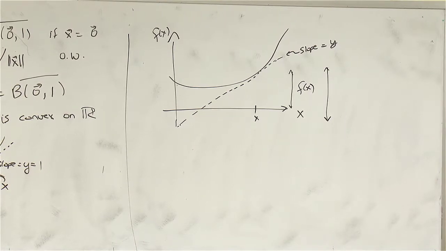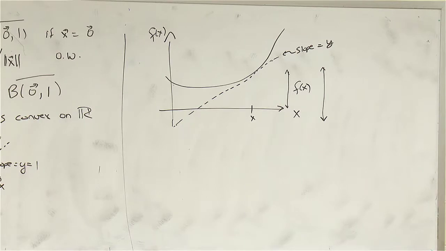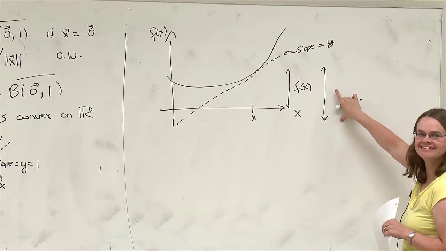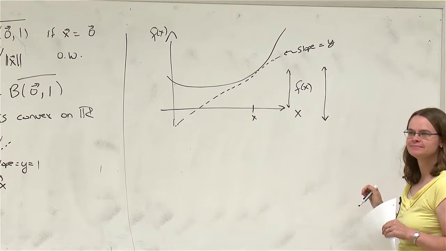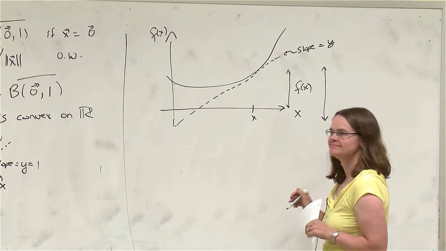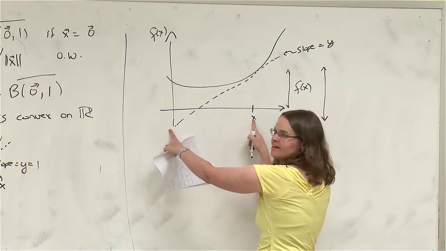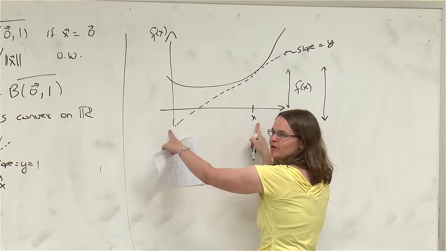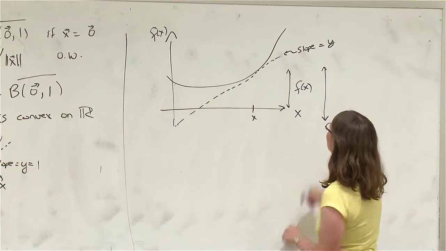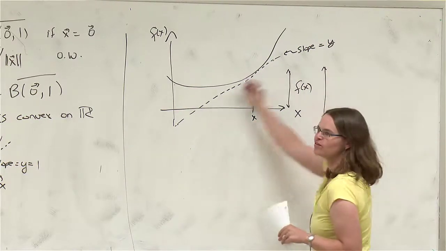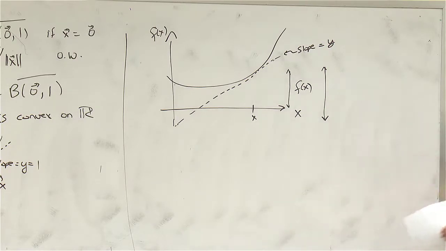Going back to our high school, whatever, what is this height equal to? Right, this distance is x. This is our run. We want to know our rise. We know the slope. y times x. There we go.